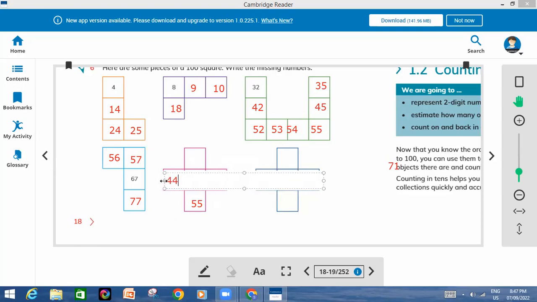And when we are moving next, 45 plus 1 is 46. Okay. Now what about the box that is above 45? We are going to less, or you can say we are going to minus 10. So it will be 35.